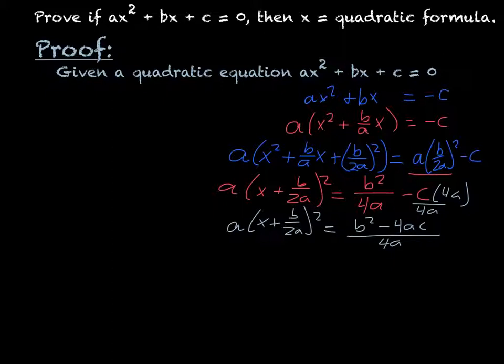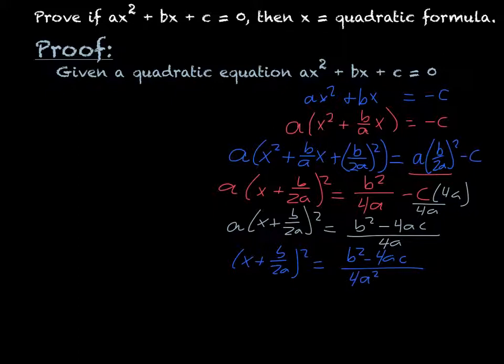And now I'm going to divide by a, giving me x plus b over 2a quantity squared equals b squared minus 4ac over 4a squared, because I divided by the a.